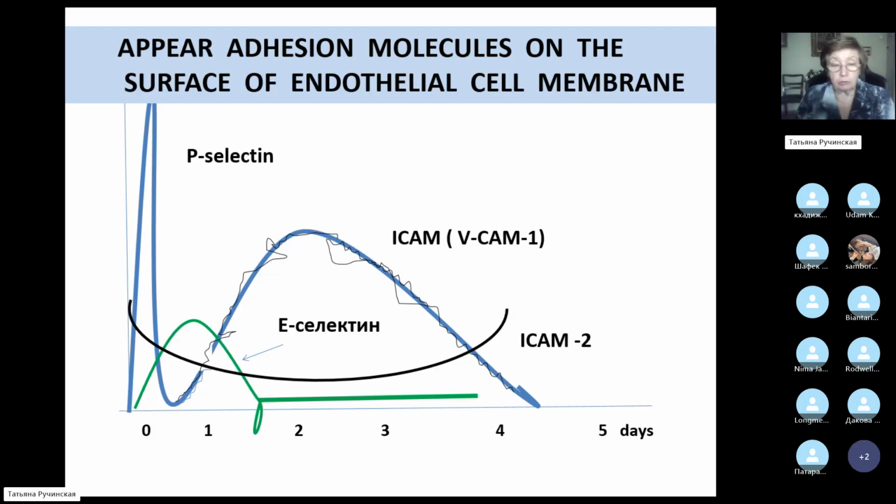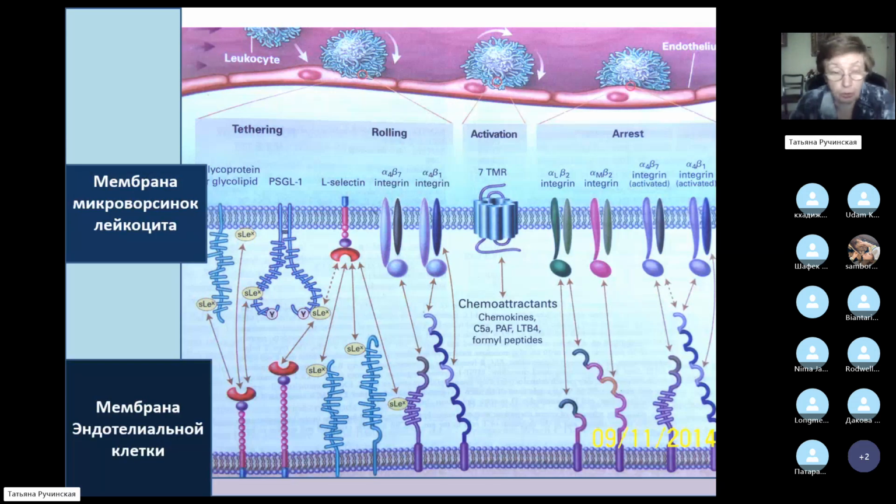This is the picture which shows you why there appears rolling and absence of close contact, and another when there is close contact. You see, the upper picture shows you the blood vessel.